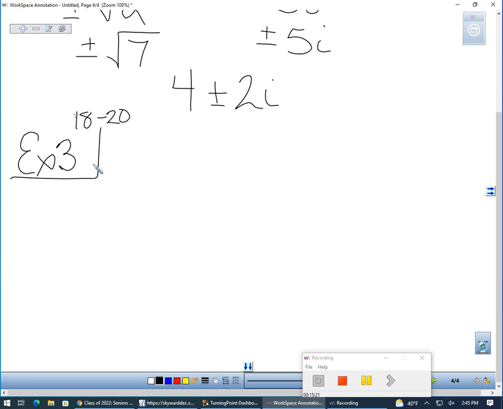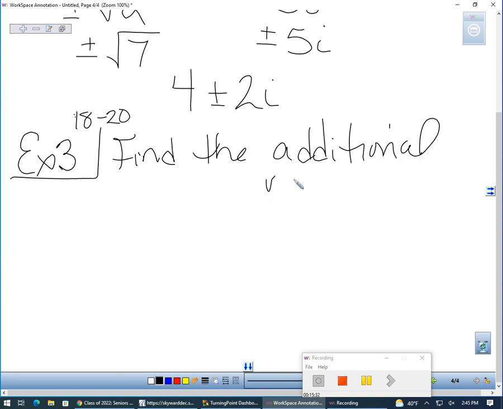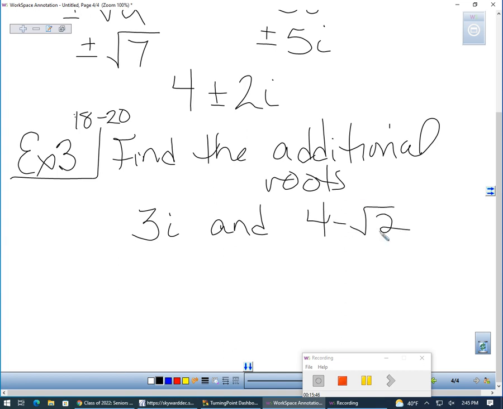The directions state this: find the additional roots. All right, so I'm going to give you 3i and 4 minus square root 2. So your additional roots, what's your additional root for this one?